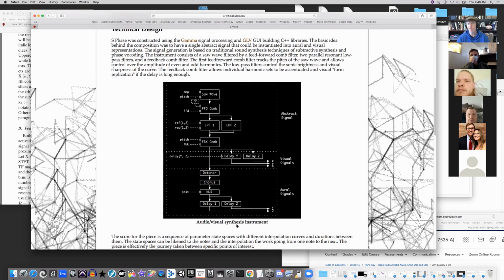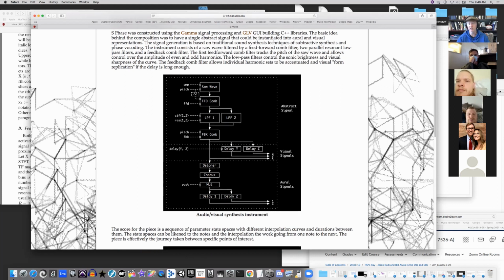So I think you could probably reconstruct these. Some things are a little bit more mysterious, like he has this detoner here, and this is for the audio signal. So once it goes through here, what he does is he uses an FFT to remove non-changing frequency bins. So if the magnitude of a frequency bin is non-changing, he removes them.